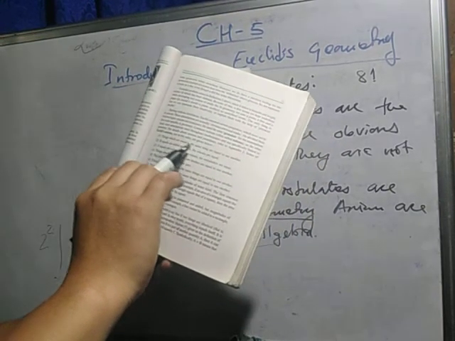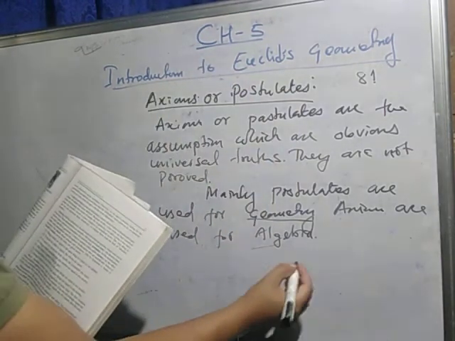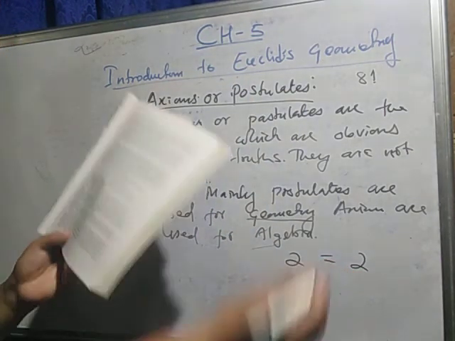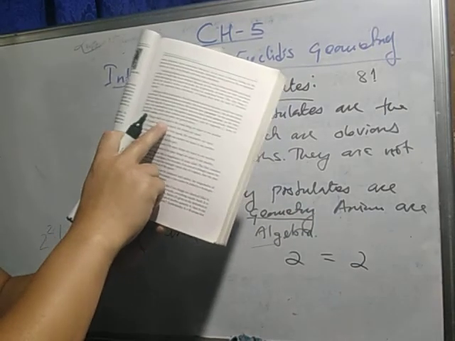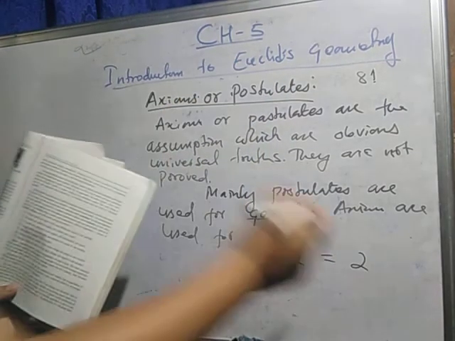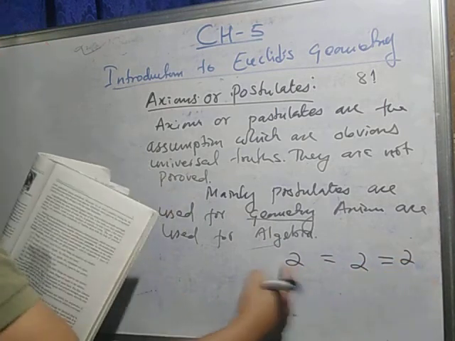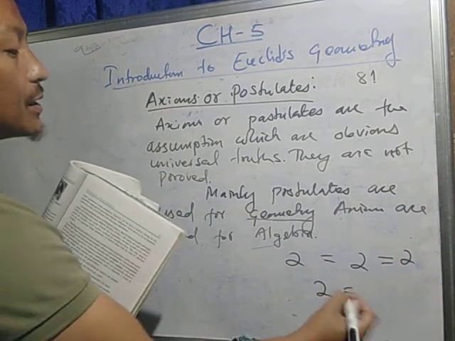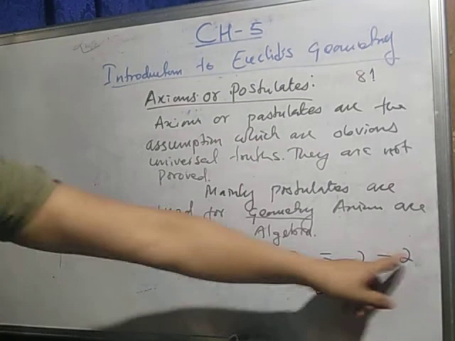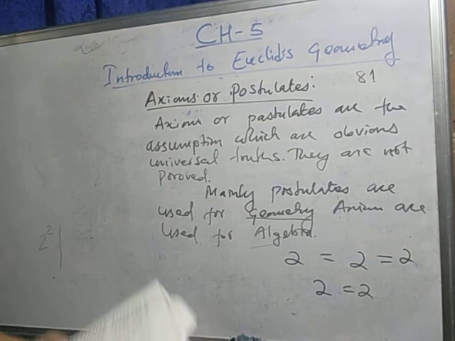Things which are equal to the same thing are equal to one another. So if this equals this, and this equals this, then this equals this, isn't it? Yes or no? Clear?